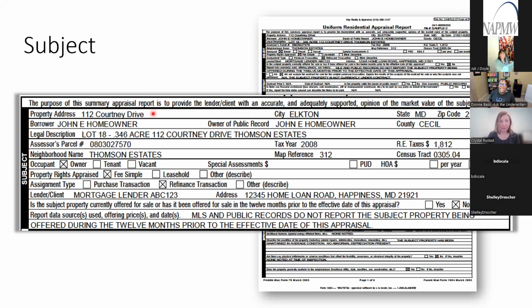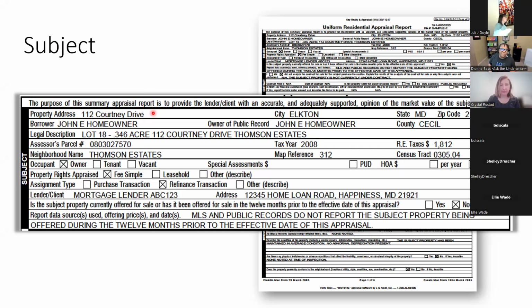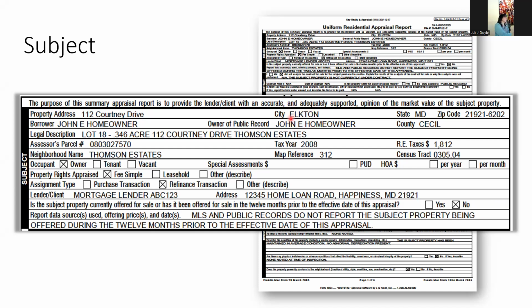And so you can actually skim your way past the address and not realize that your application or your system doesn't say Elktown, Maryland. It might say Elf Town. Now you've got an appraisal that has the wrong address, and you've got documents that have the wrong address because we didn't verify that address. Maybe it says 1112 Courtney Drive. So, something as simple as looking at that address.